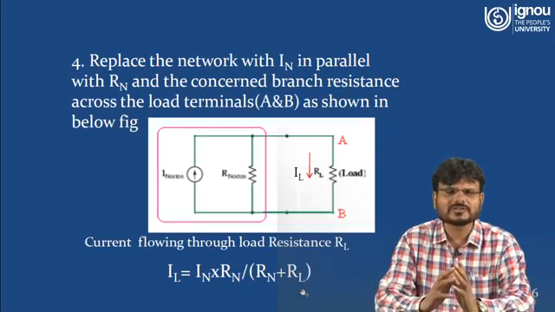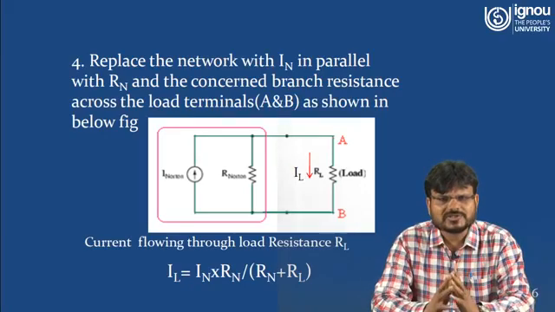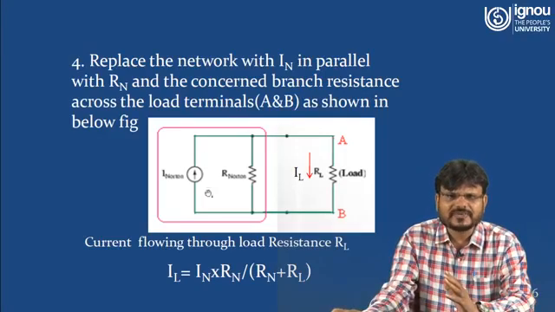So what does Norton theorem state? Norton theorem states that any two terminal bilateral active network can be replaced by a simple Norton current source in parallel with the Norton equivalent resistance.